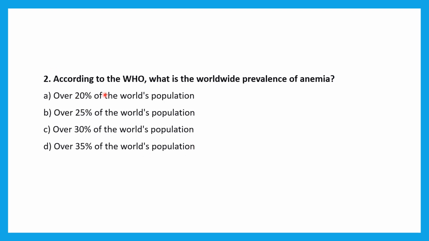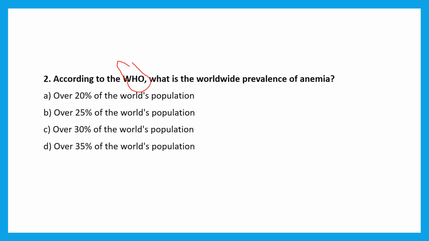According to the World Health Organization, this is very important. If you have read literature on the prevalence of anemia, it might give percentages in ranges, but when the question says according to the World Health Organization, they are looking for the WHO figure. That is the keyword.